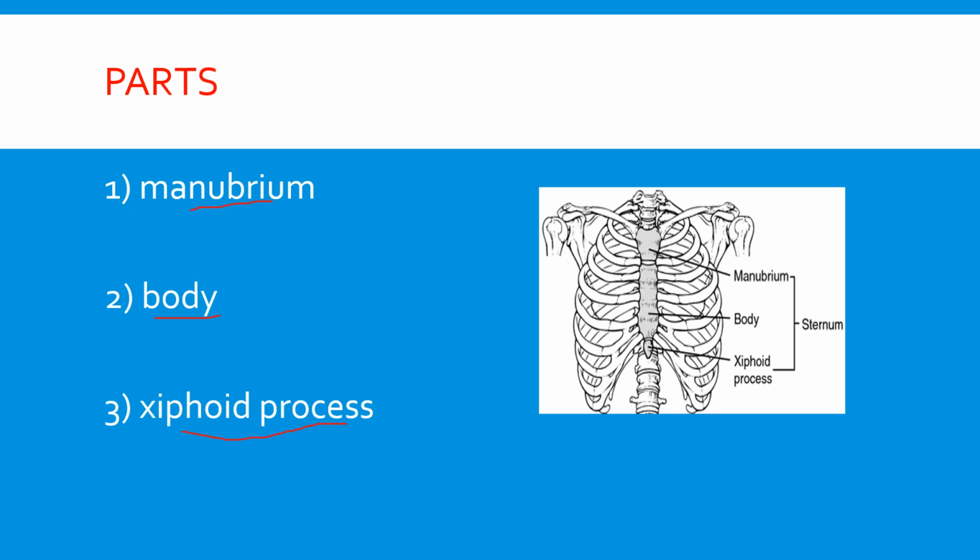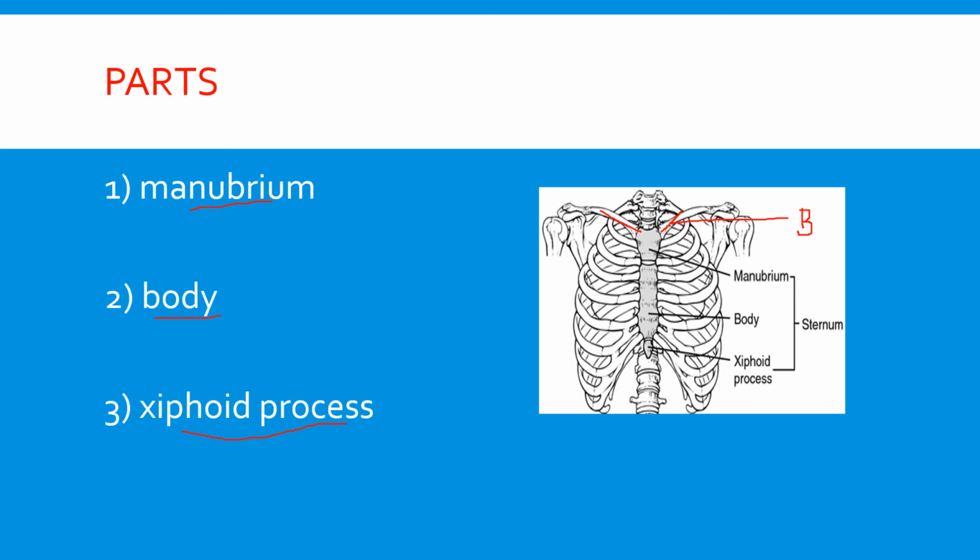The manubrium is the portion of the sternum that attaches to your clavicle. These bones are called the clavicle. The simple or common name of the clavicle is the beauty bone.